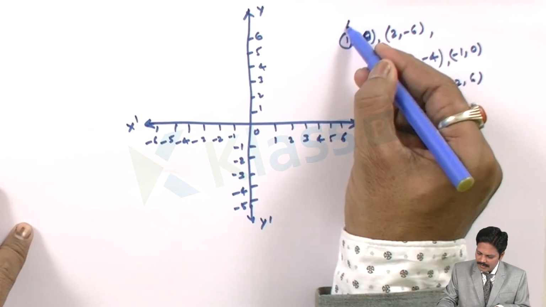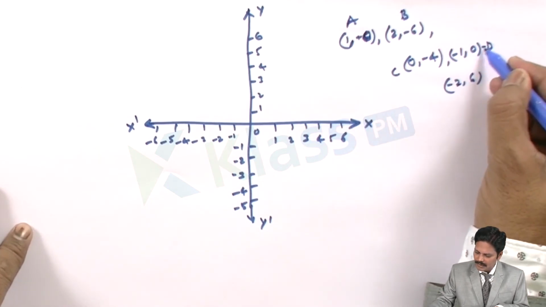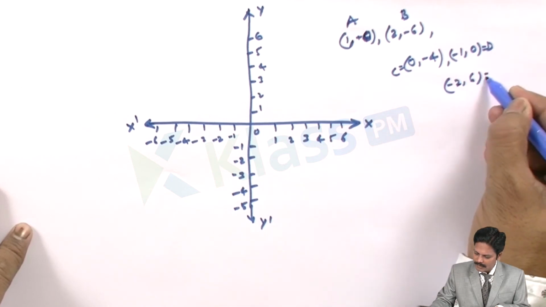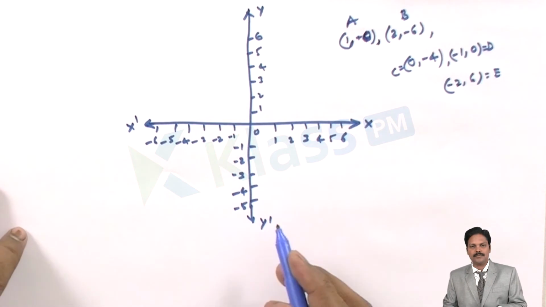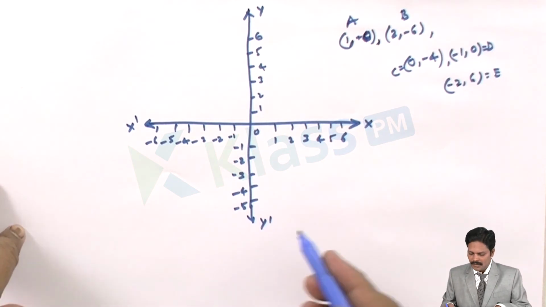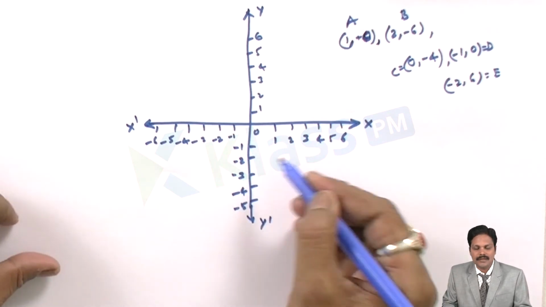So these points I'm taking as A, B, C, D and E.